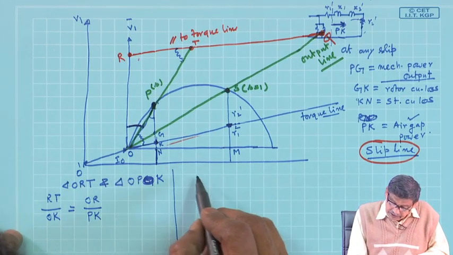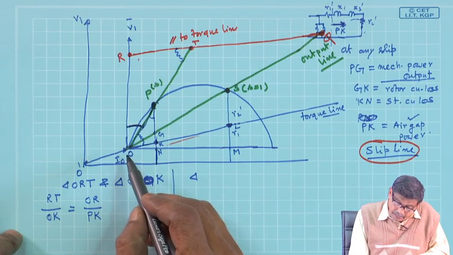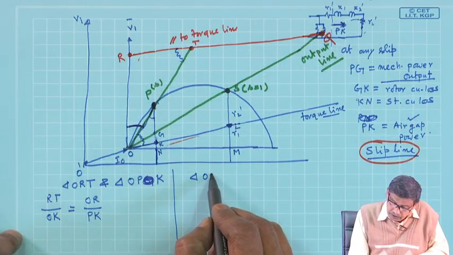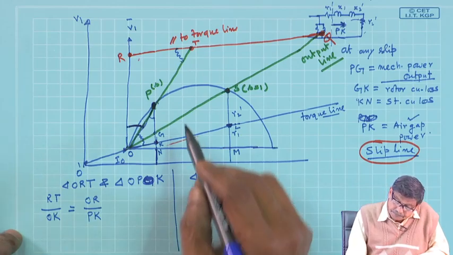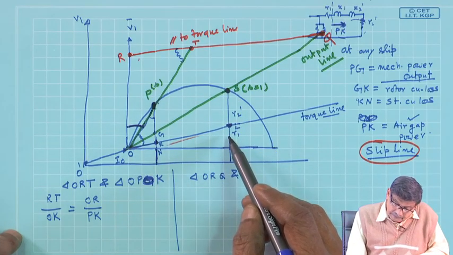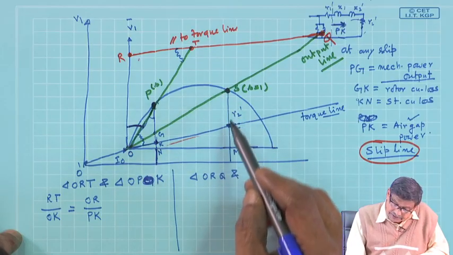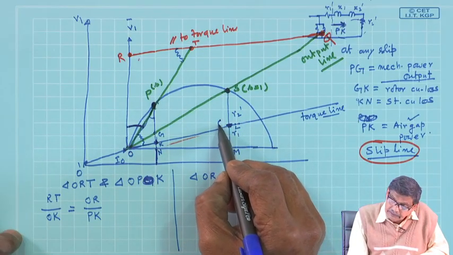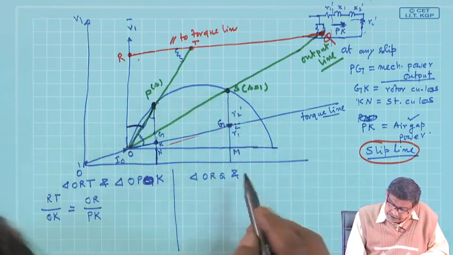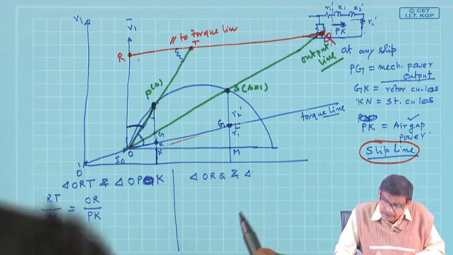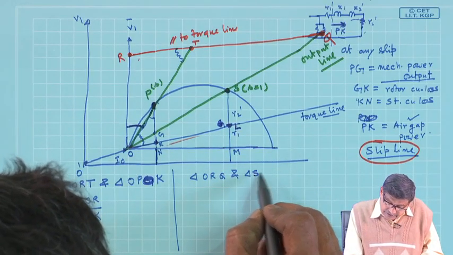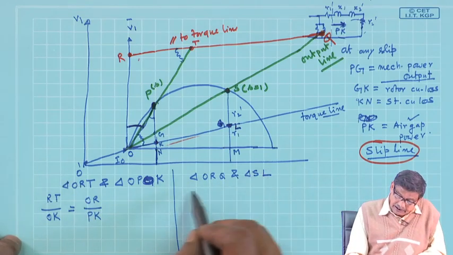In the same way, now consider the big triangle corresponding to this line, O R Q, and triangle O S L. So, O R Q is this big triangle and O S L, this point I marked as L. These 2 triangles are also similar.